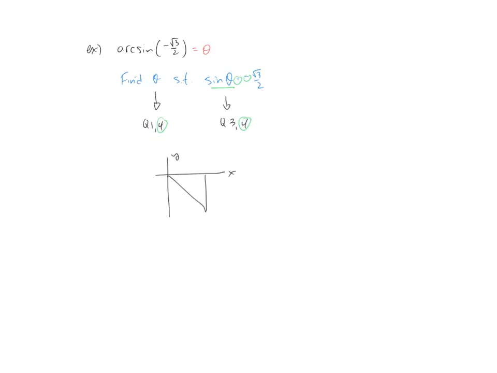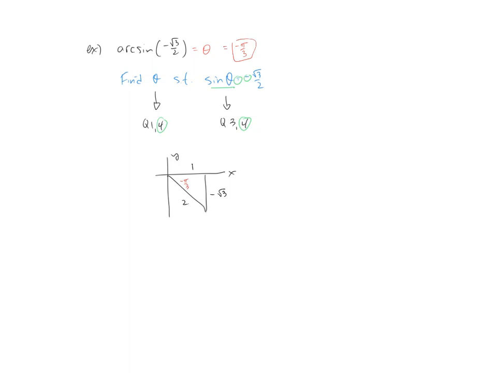Seeing as we were given sine equaling negative root 3 over 2, I would need to label negative root 3 a 2. That means the top part is a 1. And then, seeing as that's a special triangle, you can see now we're looking at a negative pi over 3. So our theta here is a negative pi over 3.